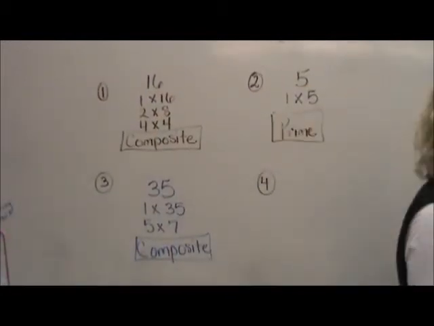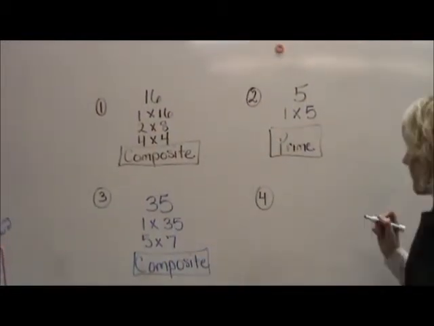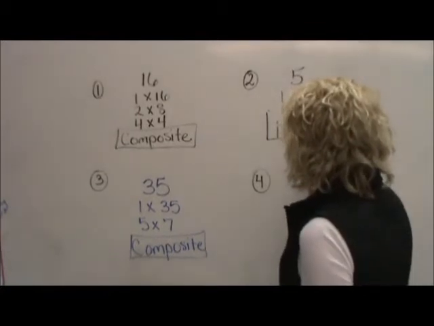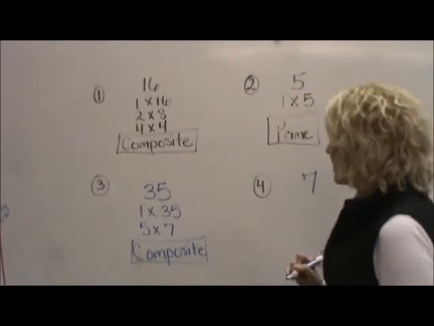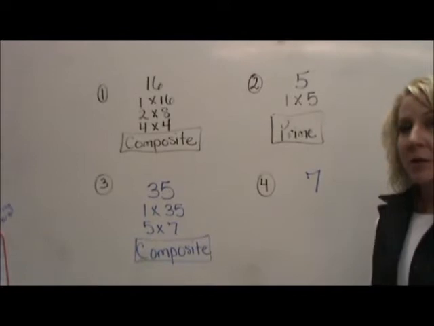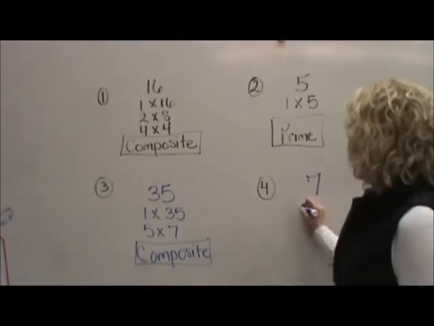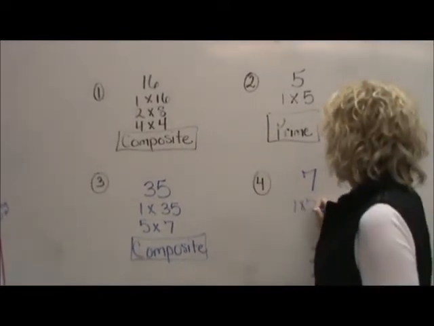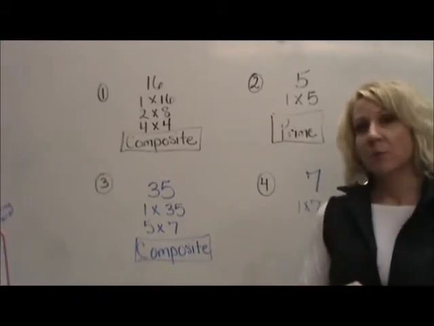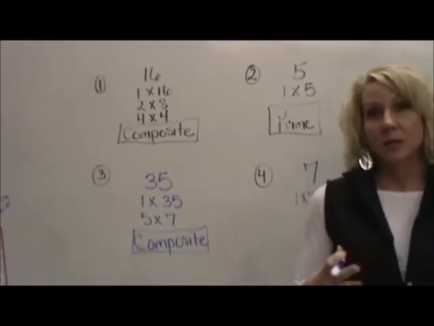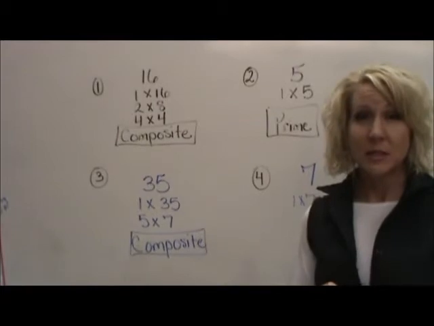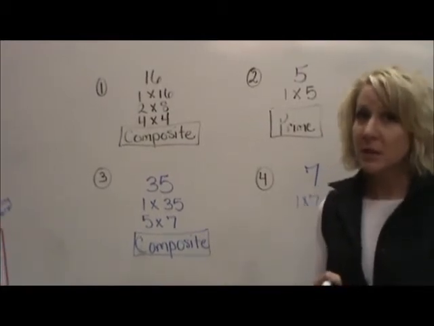Finally, how about the number 7? Okay? Again, we start with the counting numbers. 1 times 7 equals 7. That's easy enough. Are there any other numbers that we can multiply together to create 7? Continue through the number line. 2 times any number? No. 3 times any number?